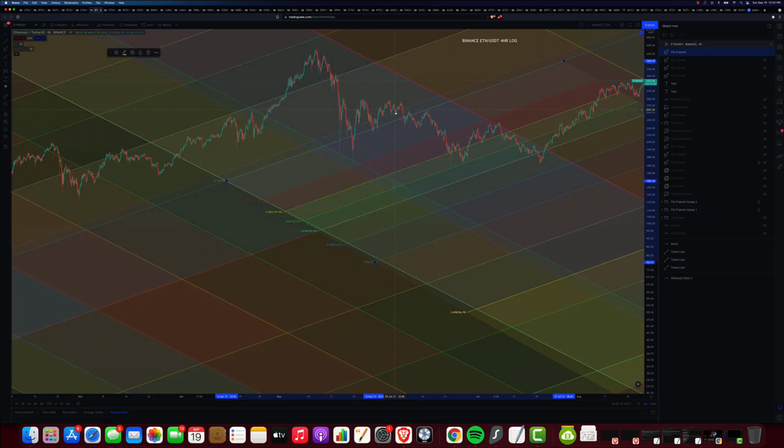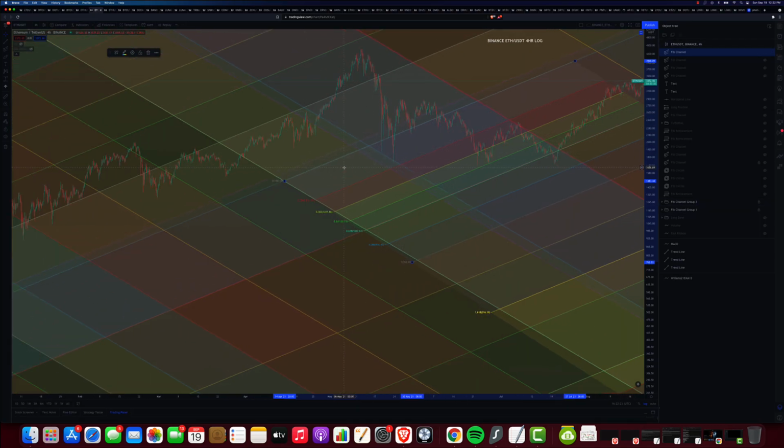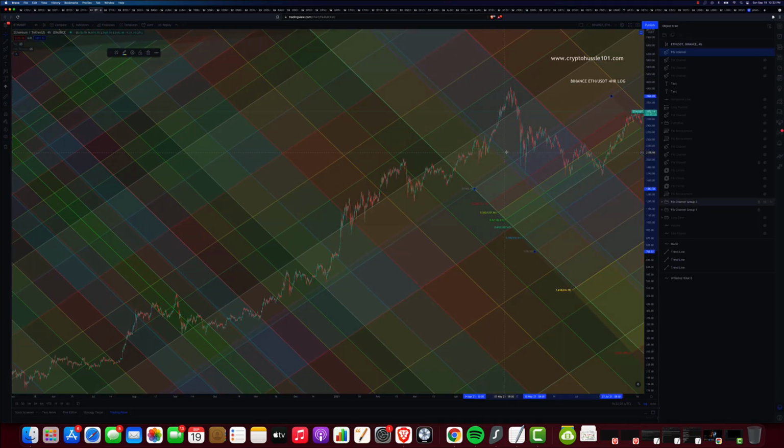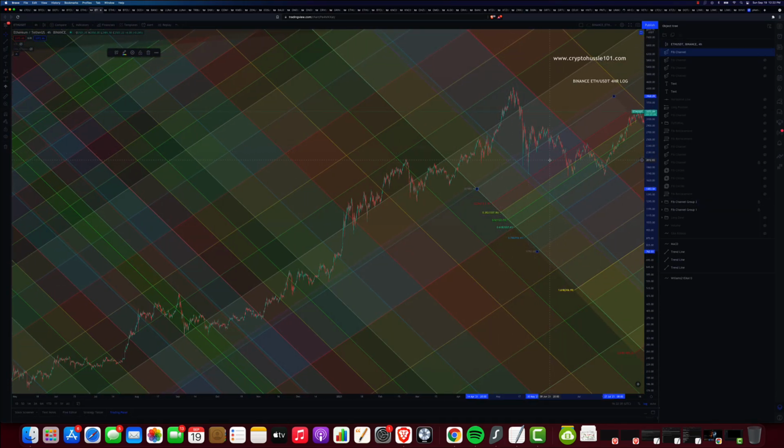Bam, got a channel here, here, here. So as you can see, this saves time for me trying to figure out where the trend lines are myself, and it's also very accurate because it's using the power of the Fibonacci levels.